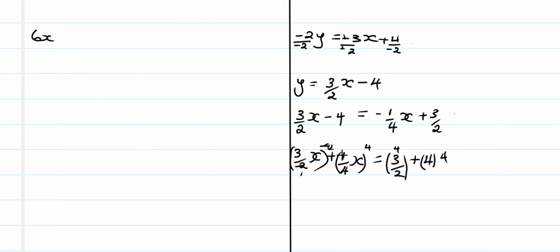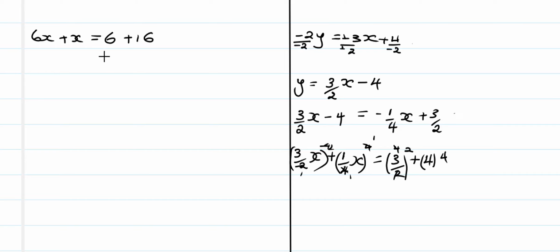Then 1 over 4 multiplied by 4 becomes 1, so now it becomes x. Is equal to 3 over 2 multiplied by 4, these 2s go, then the 4 remains with 2, so 3 multiplied by 2 is 6. Then 4 multiplied by 4 is 16, so plus 16.